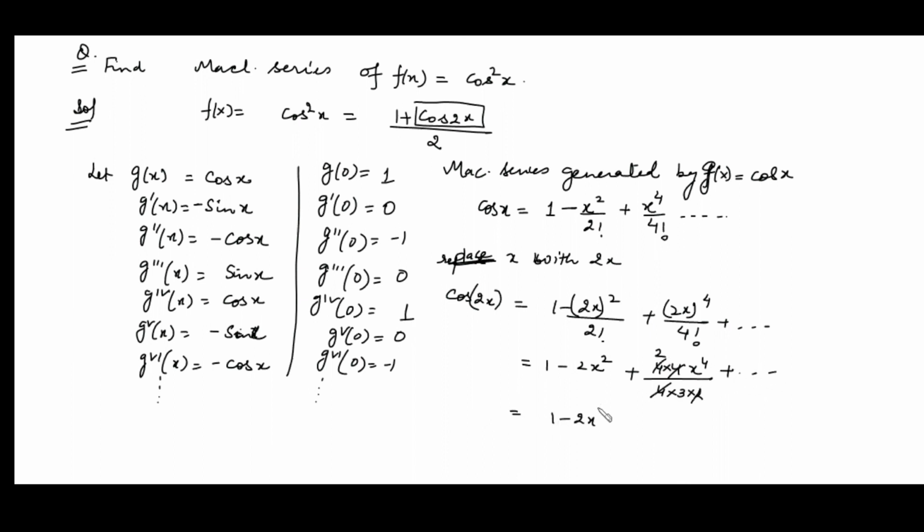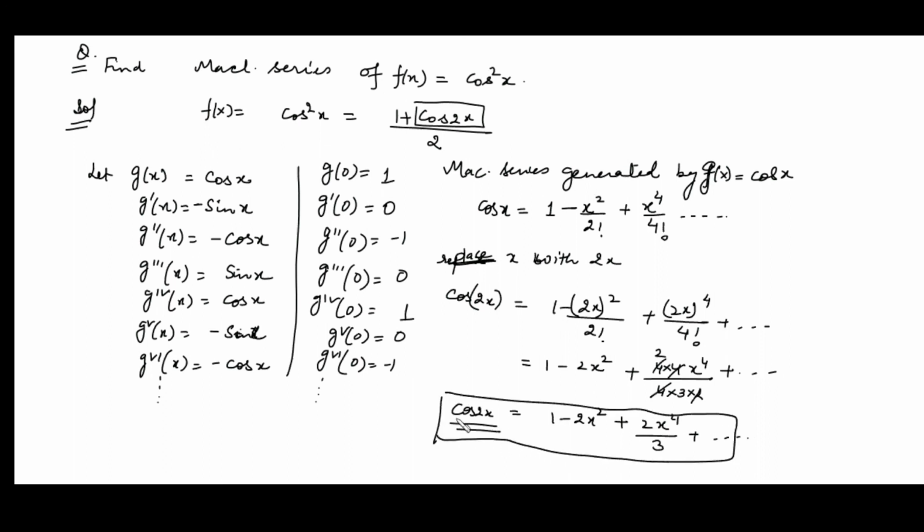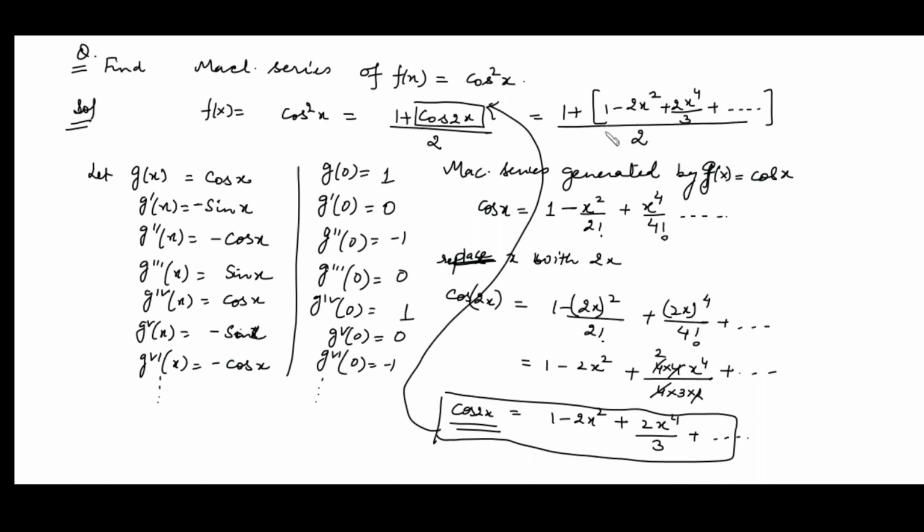So this is 1 minus 2x square plus 2 into x to the power 4 by 3, and so on. So this is the Maclaurin series of cos 2x. Now we can substitute the value of cos 2x over here. We will get the Maclaurin series for cos square x. So now you can simplify this and you will have the Maclaurin series for cos square x. So in this way we can find out the Maclaurin series or Taylor series of the function.